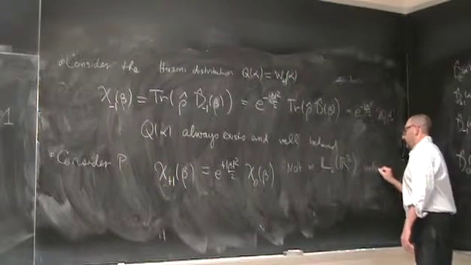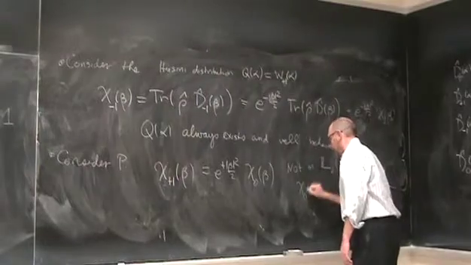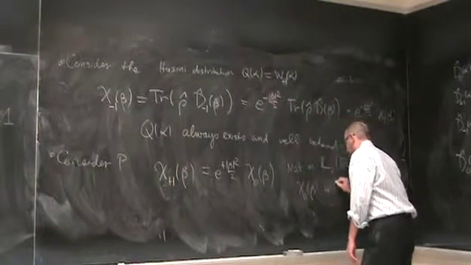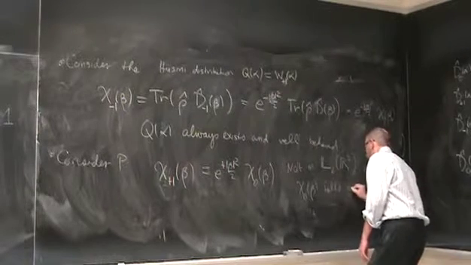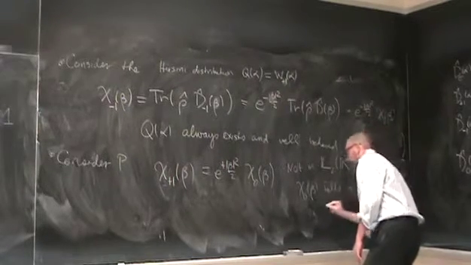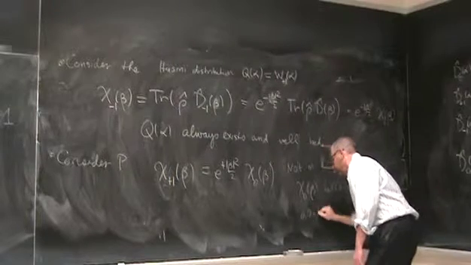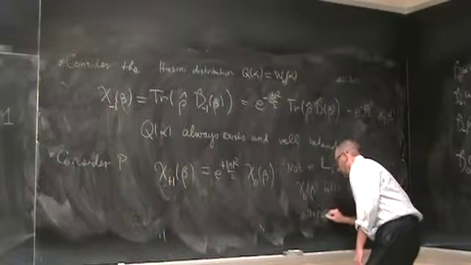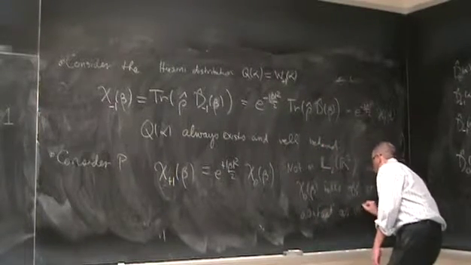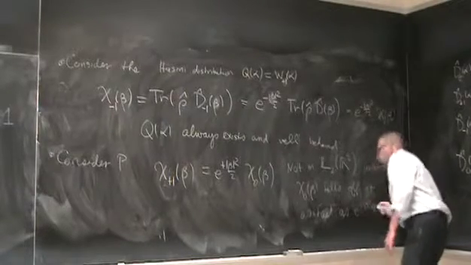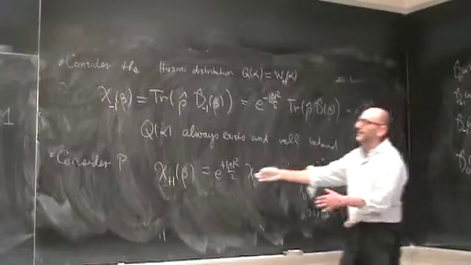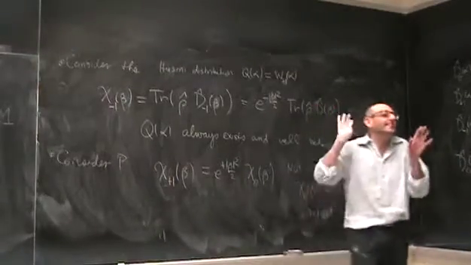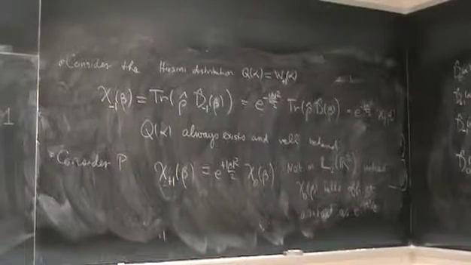unless this guy falls off at least as fast as e to the minus beta squared. If it falls off that fast and this is a constant, and then the P function is a delta function, then we're okay with that.